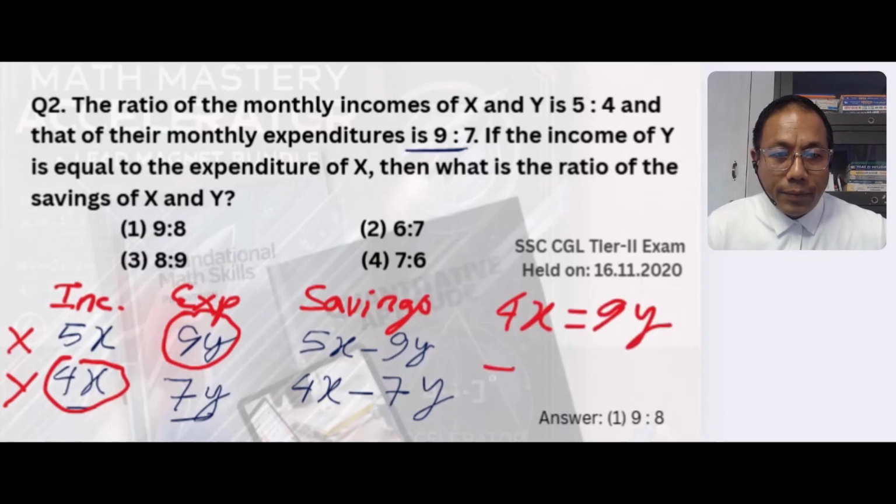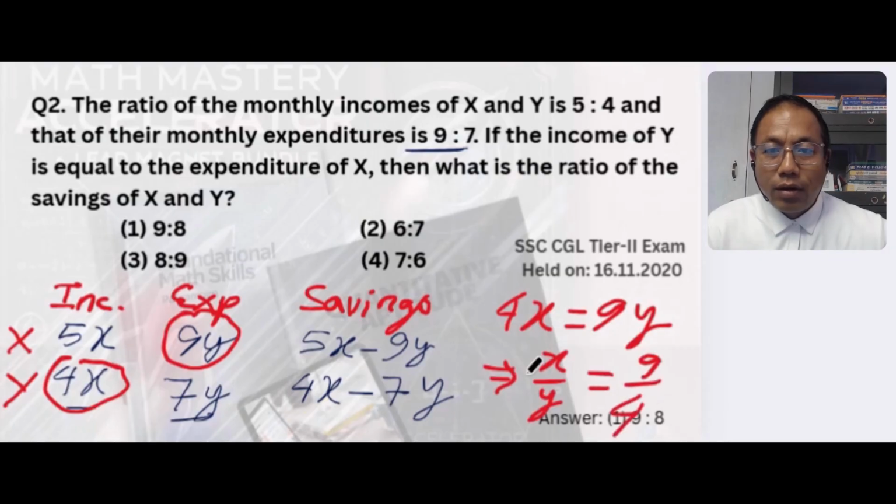Cross multiply. x by y is equal to 9 by 4.